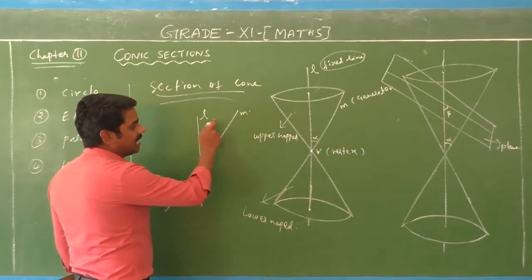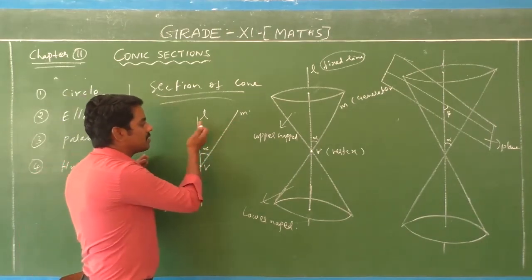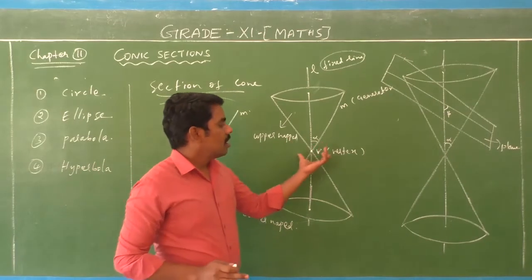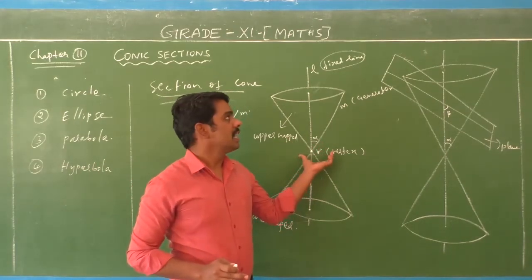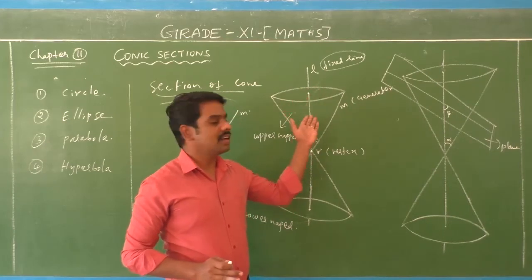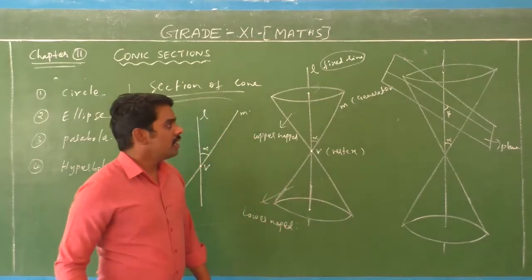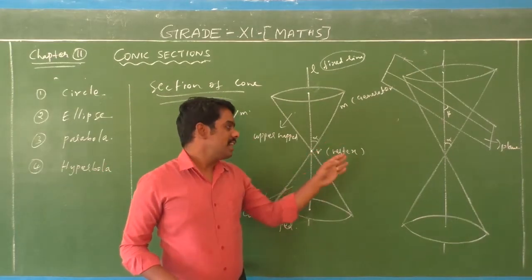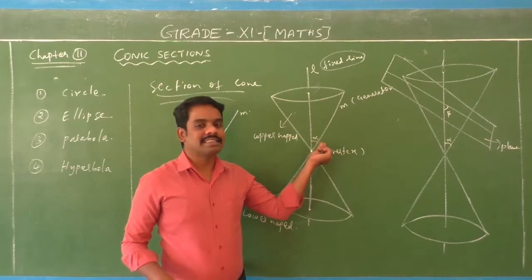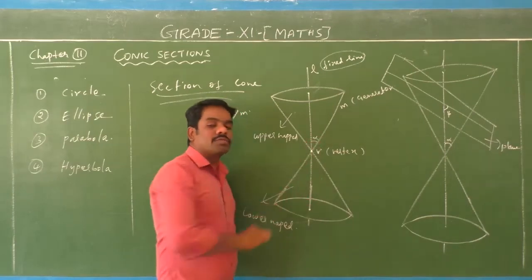So first, take L. L is a fixed line and M is another line. This line M is rotated about this line. We have a double napped right circular cone. L is a fixed line, the axis of this cone, and M is a generator. V is the vertex. Alpha is the angle between the vertical line and this cone.